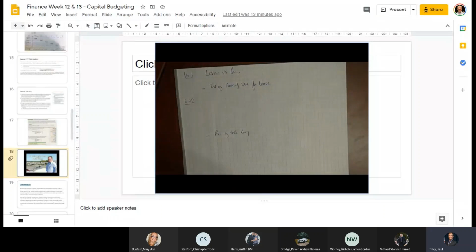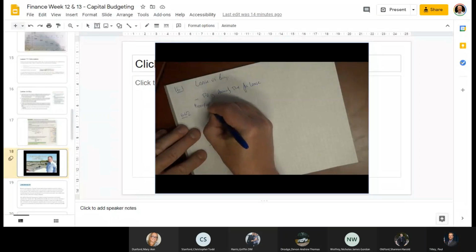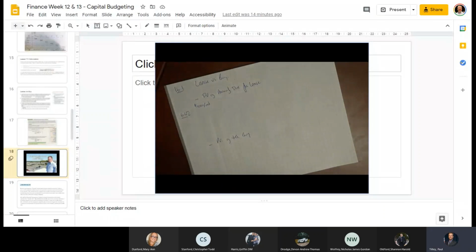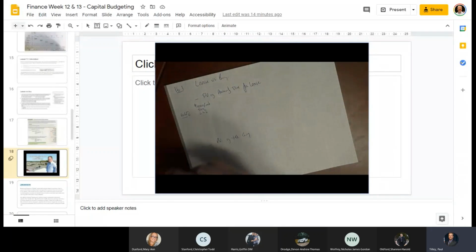So let's do this. Some basic facts of the matter is we're spending $1,000 a month on the lease. It's made at the beginning of the month, so it's a due. We've got 6.6%, and that is compounded monthly.